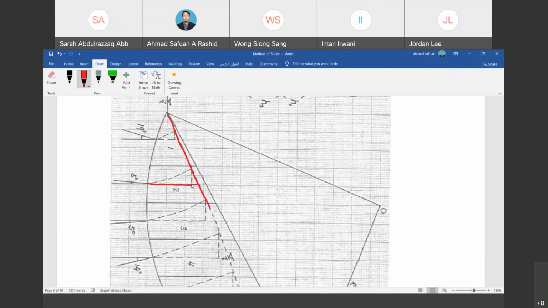But if we are referring to Dr. Kamarudin, he used the flow net approach, so the height of the water level HW is less than the groundwater level. In this case, HW is equivalent to the height of the developed pore water pressure by using the flow net approach.